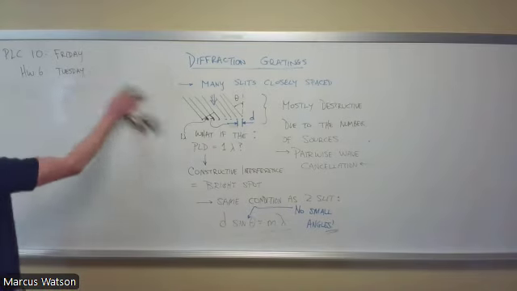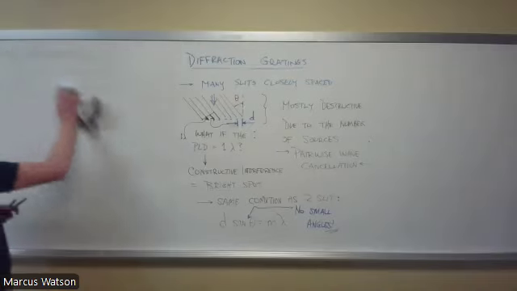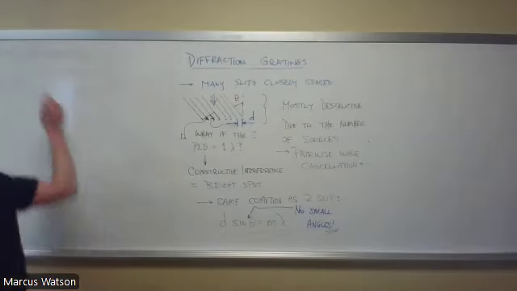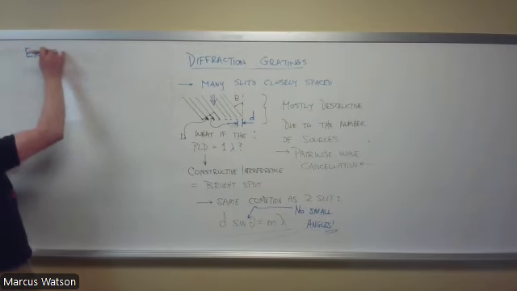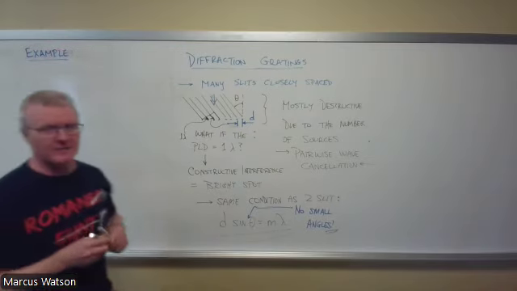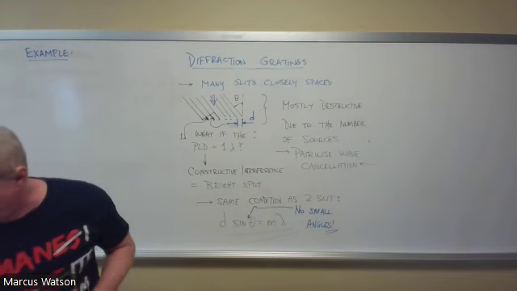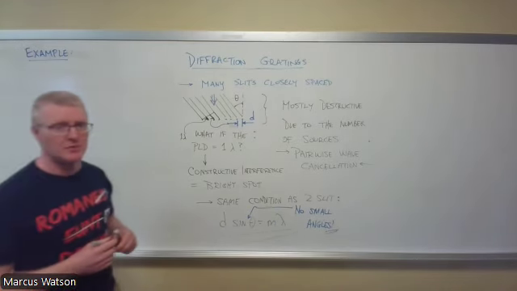All right, so let's set up an example here. Where I have a diffraction grating, and let's suppose that I have 25,000 lines per centimeter.